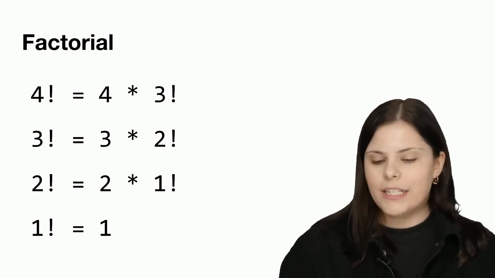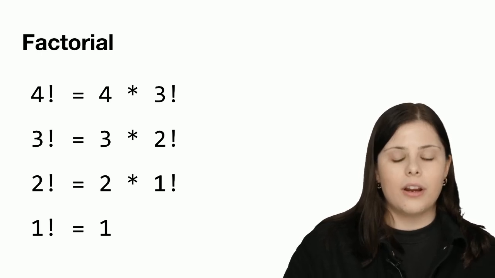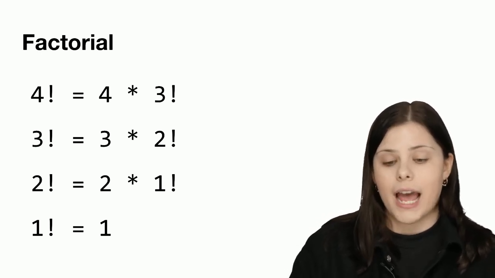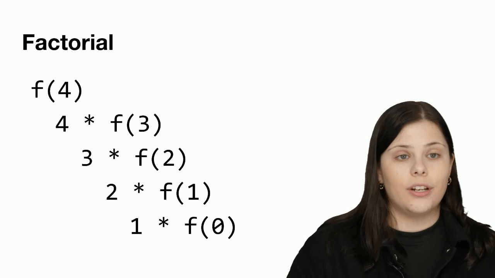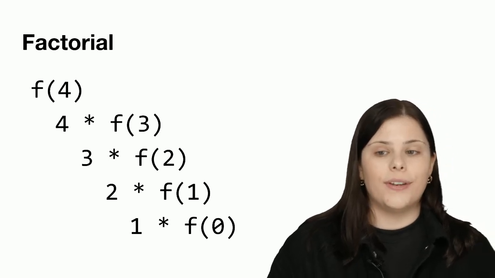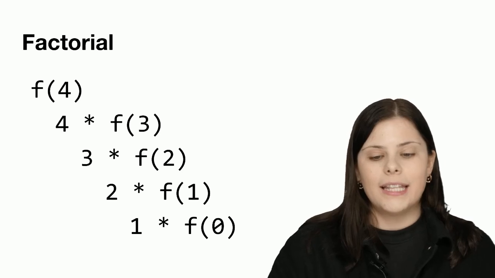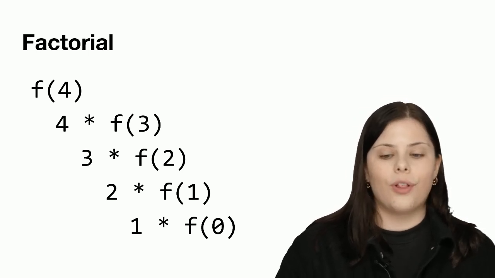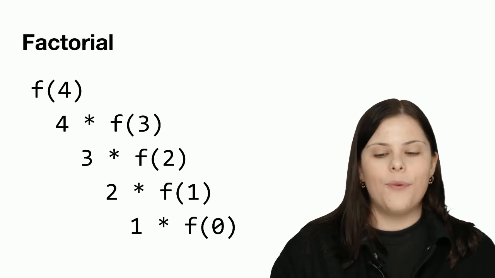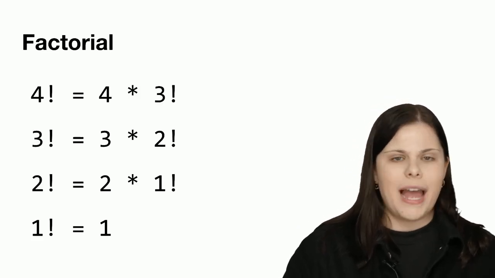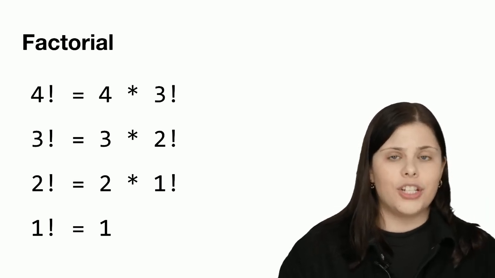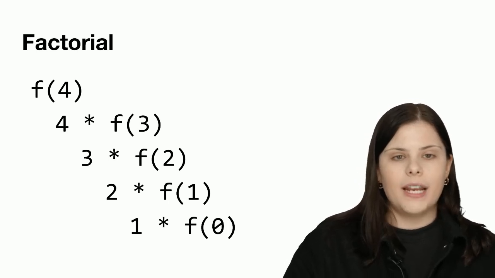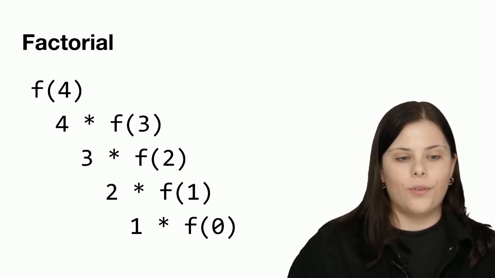So let's consider how we might want to write it in code. We're not going to switch to code yet, but let's imagine that we have a function called f that calculates factorial of a number. And let's say I want to calculate a factorial of 4. This is how I would break it down. Again, you can just imagine I'm substituting exclamation marks with the function f. So in the beginning, I call factorial 4, right?